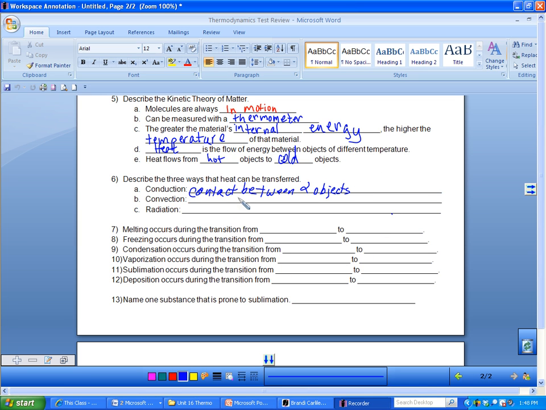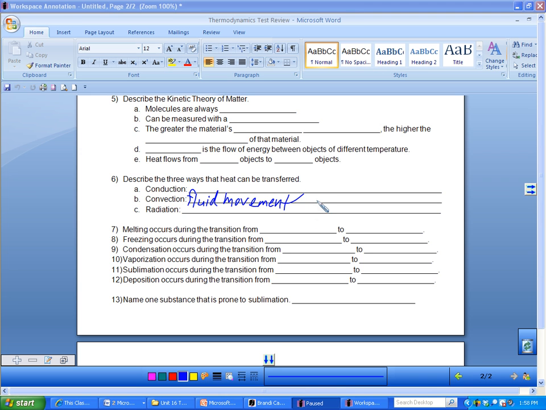Convection, transfer of heat through convection, is accomplished by fluid movement. Okay, that should say currents.